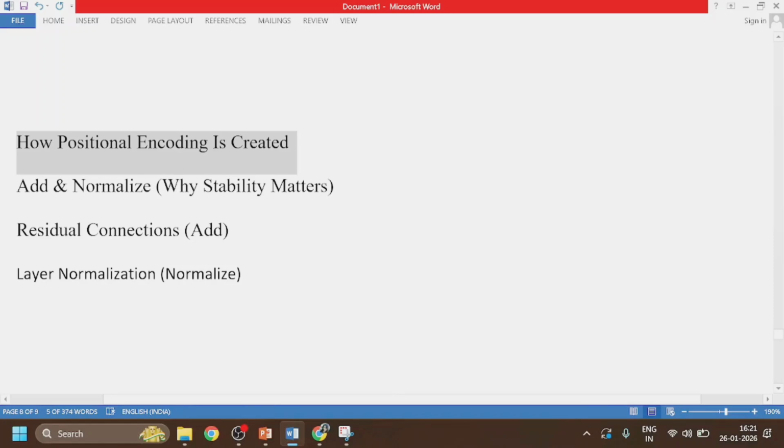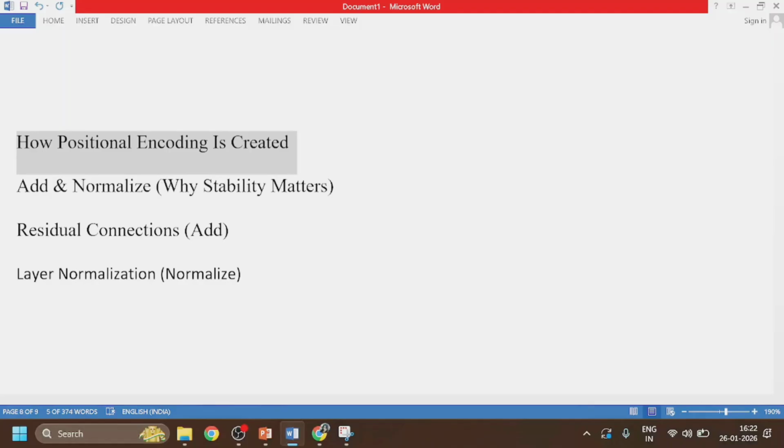So with the help of sine and cosine, we can say positional encodings are created using cosine and sine functions, and this creates a smooth and unique pattern for different positions.